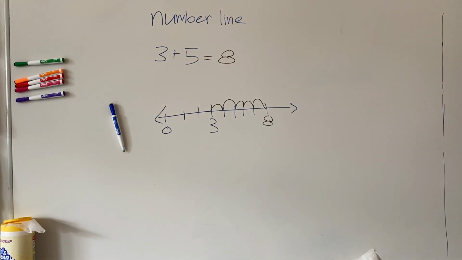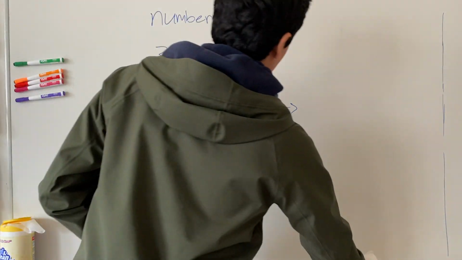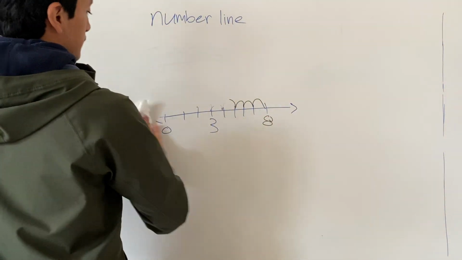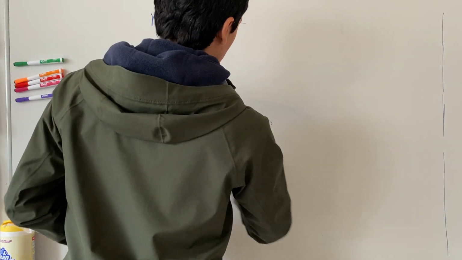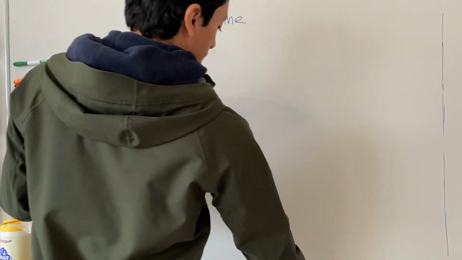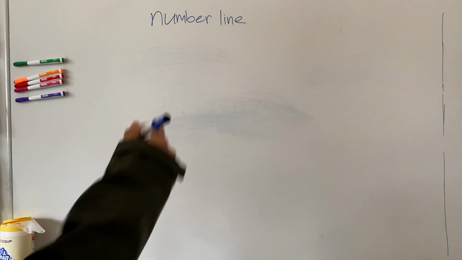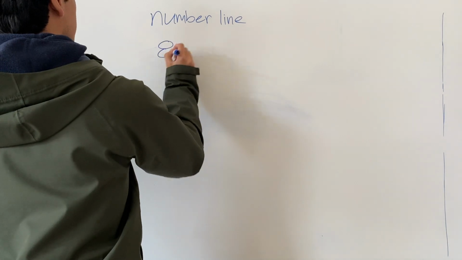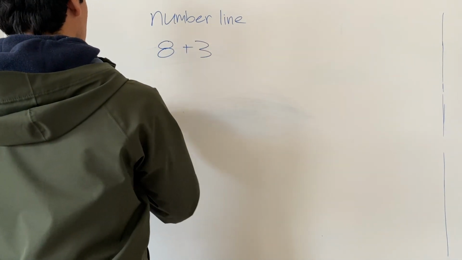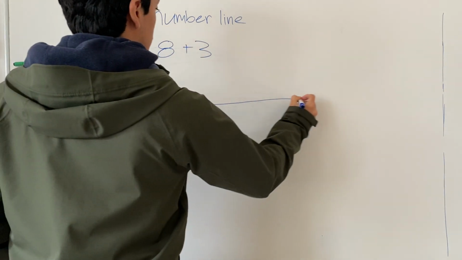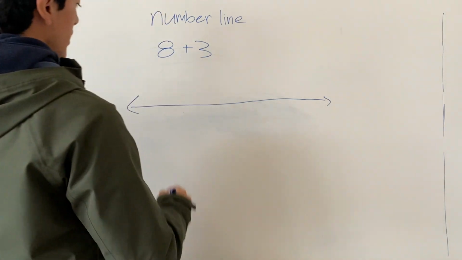Now again, nothing too hard, right? Very simple kindergarten stuff. Let's do another one. And again, you'll see why this is useful later on. Let's say we have an example of 8 plus 3. So I make a number line.